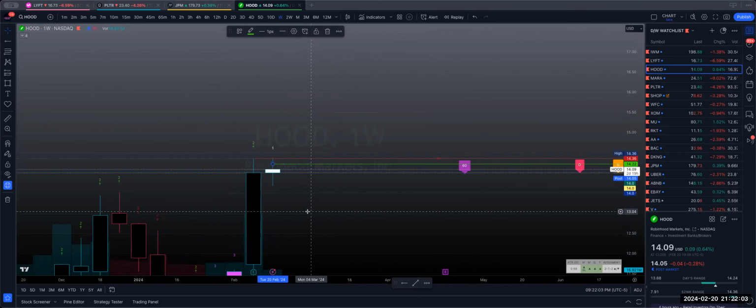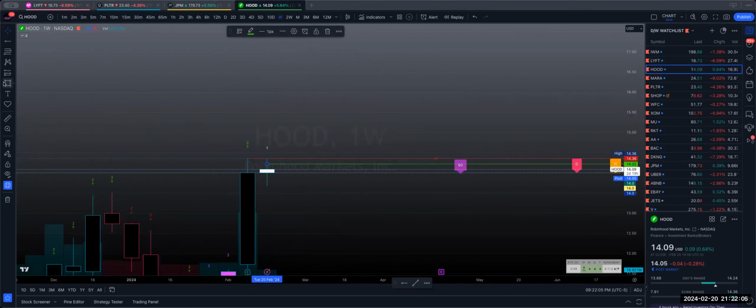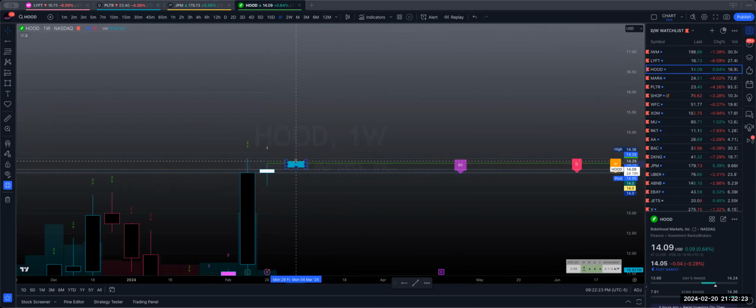So then we can go back to the weekly. Same thing, right? We will be looking for, place this here. Actually remove that, and remove this. So we're looking for a break of here for that to be in force.